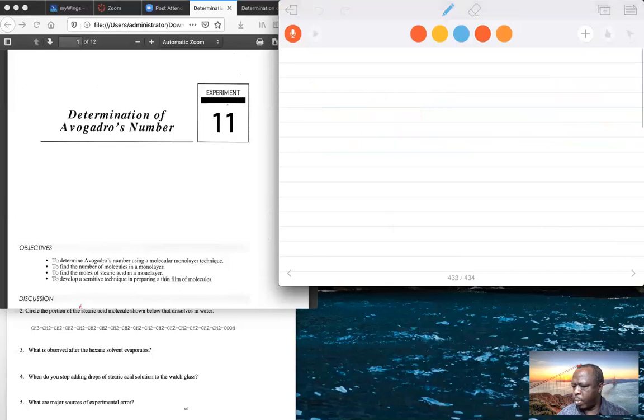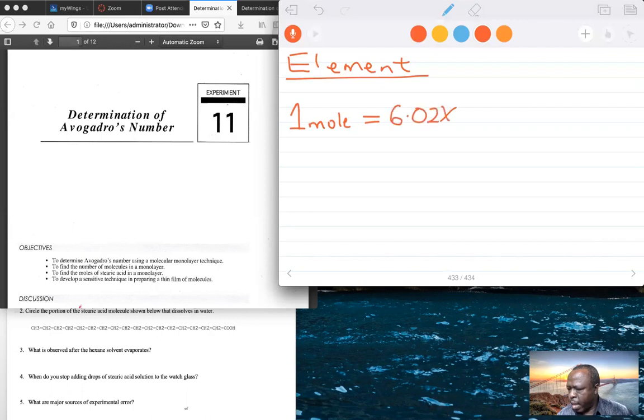When we talk about any element on the periodic table, 1 mole of an element equals Avogadro's number of atoms, which equals the atomic mass on the periodic table, represented using grams per mole, the units for mass of an element.